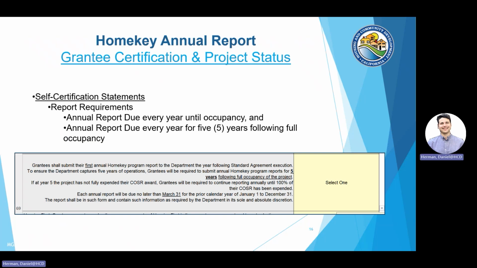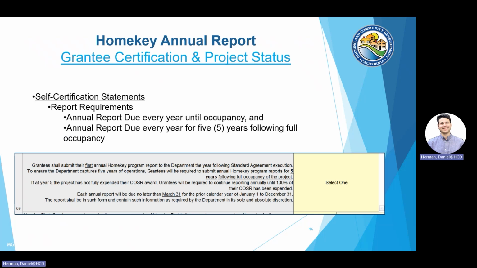So one of the last parts of the form to go over is the self-certification and signature portion of the form. A little preview of this part. So the first self-certification is an acknowledgement of our reporting requirements. And those are that we require the annual report every year for a project until occupancy is achieved.